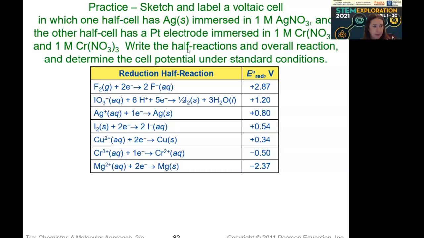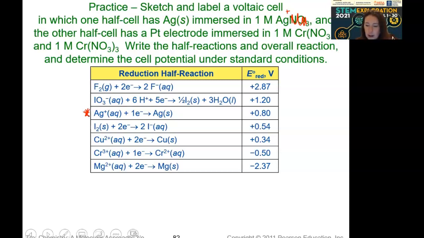Okay, so we're gonna walk through this very slowly. So we've got silver in silver nitrate. So again, nitrate, but doesn't matter, Ag plus. So it must be this reaction we're talking about. Okay, the other one has a platinum electrode. Okay, interesting.